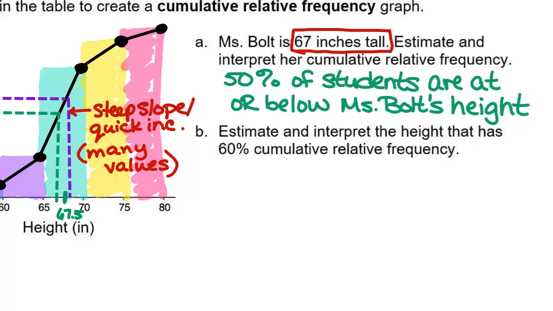Estimate and interpret. So we said about 68 inches. What does that mean then? What does it mean that 68 inches has a 60% cumulative relative frequency? What does that mean in this particular context?